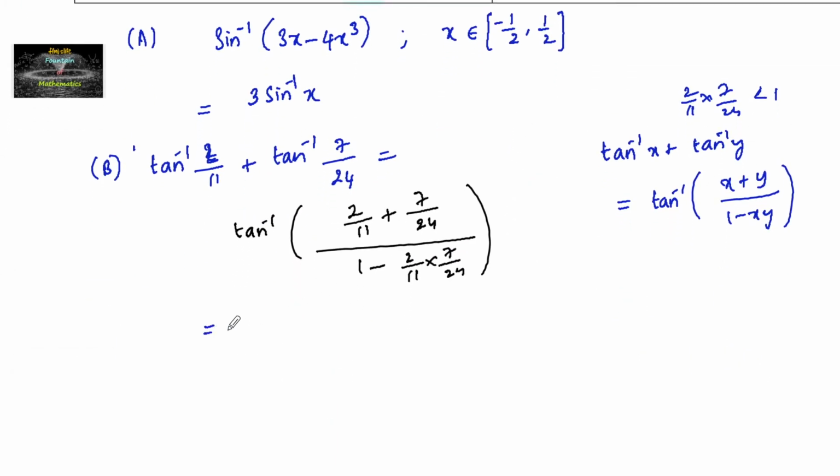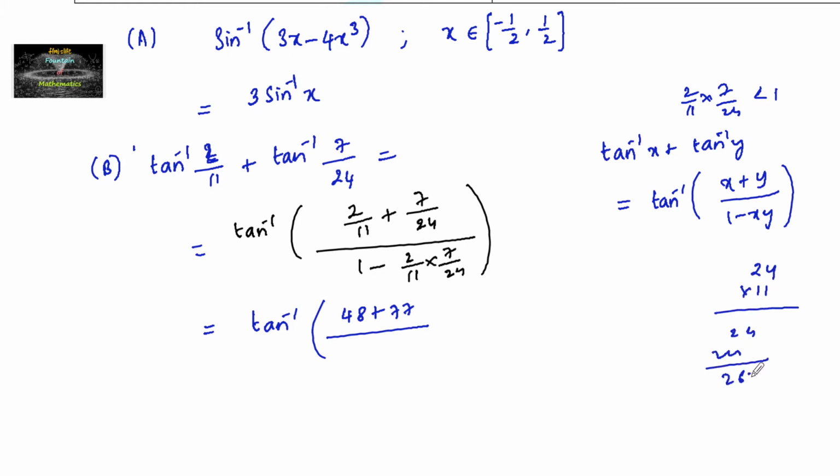On simplifying, we can write this as tan inverse of 24 2s are 48 plus 77 upon 24 into 11. So 24 and 24, that is 264. 264 minus 14 divided by 24 into 11, and here the 24 into 11 gets cancelled.